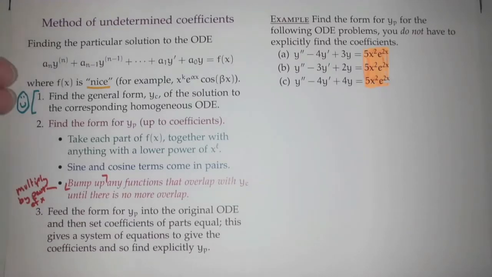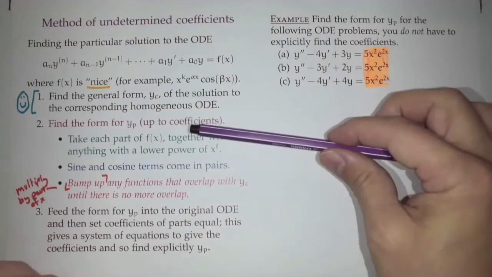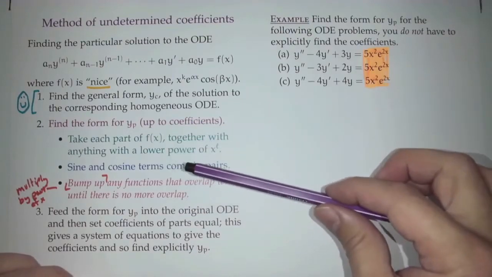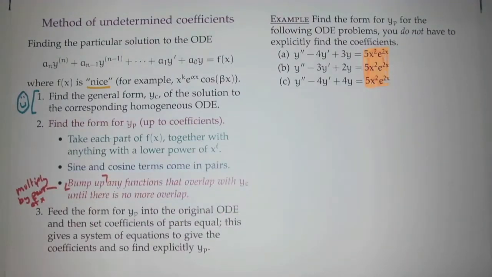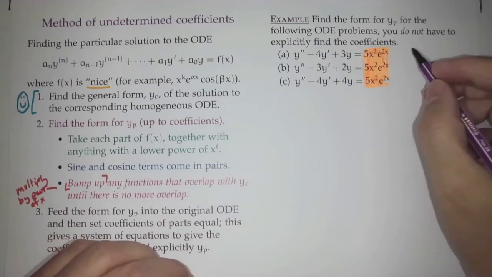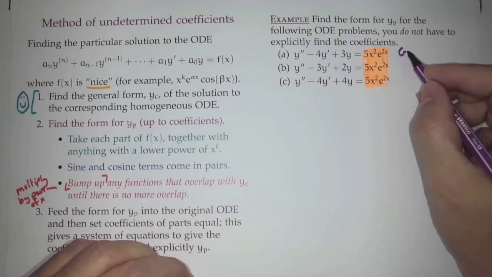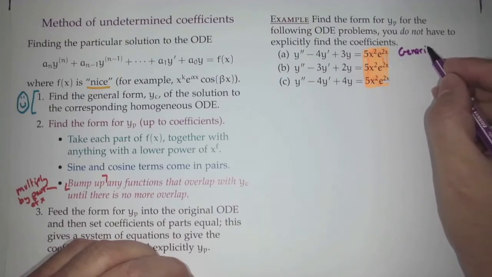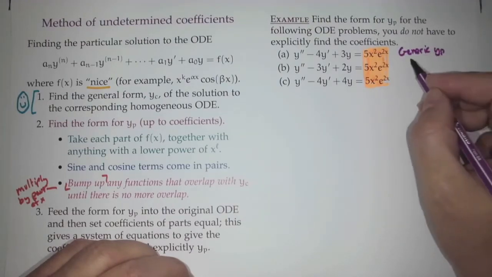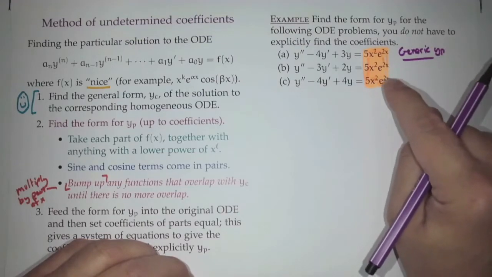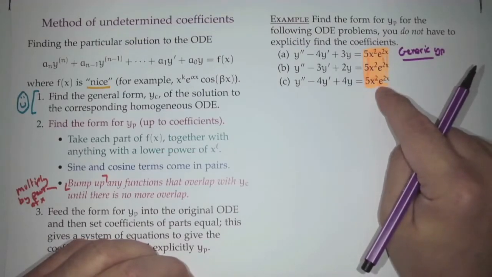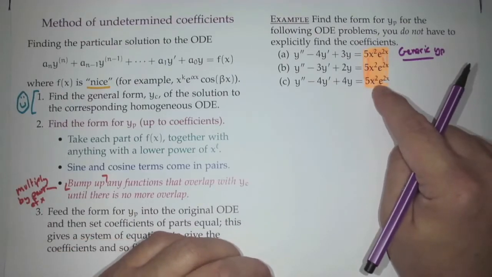Suppose we haven't done step 1 yet, because we can do step 2 and tackle the first 2 bullet points up to the bumping. So suppose we haven't done the bumping, and we ask: what should y sub p look like? What do we see? We have 5x squared e to the x.